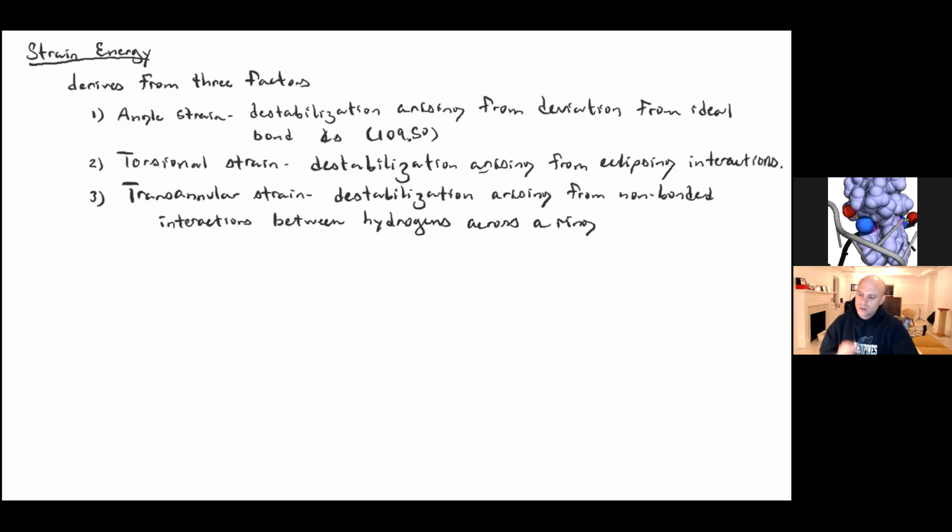Okay, and so I'll give you an example when we get to the boat conformation of cyclohexane.